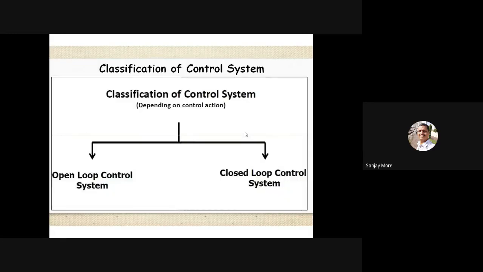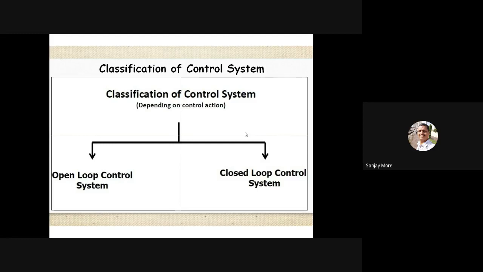Then the next point is classification of control system. Classification is based on the control action, meaning open loop control system and closed loop control system.